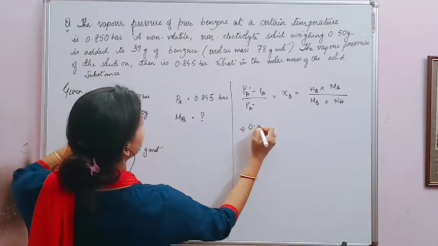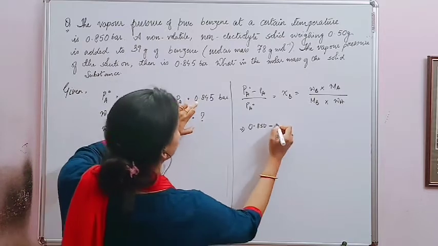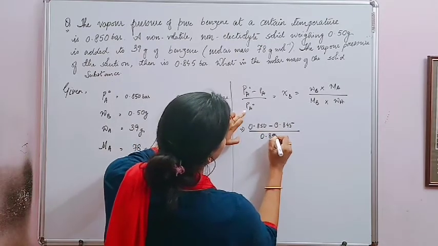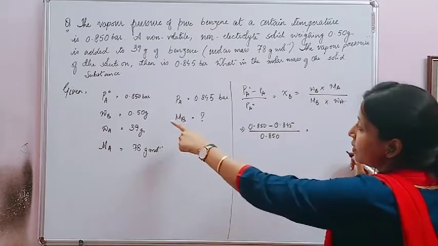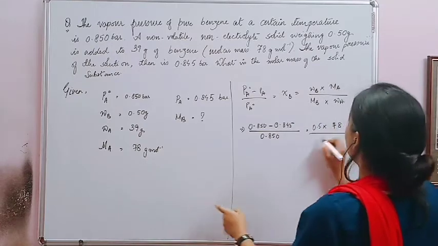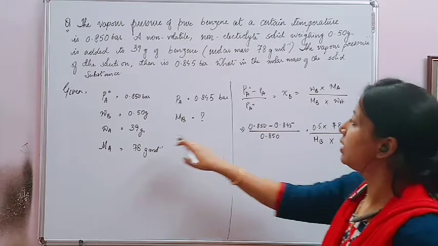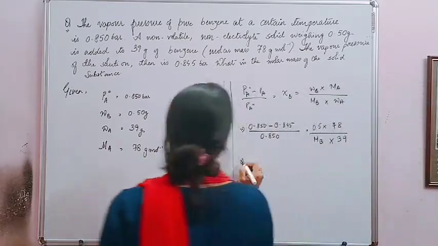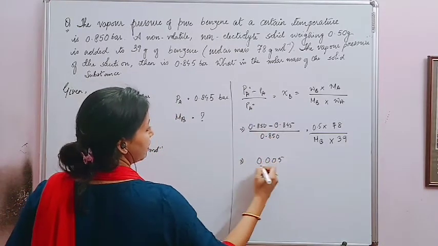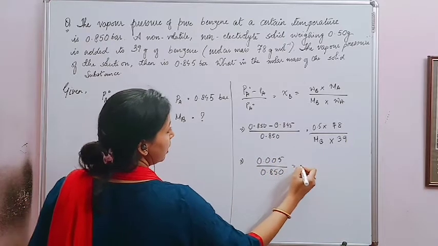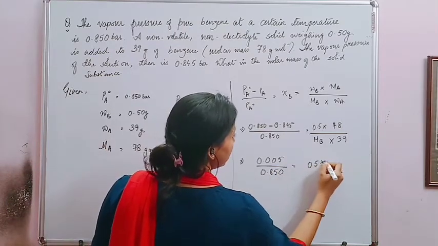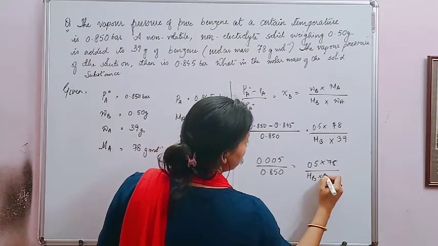This is 0.850 minus 0.845 divided by 0.850 equals Wb given as 0.5, Ma 78, Mb we don't know, and Wa given in the question is 39. If you solve this part, you are supposed to get 0.005 divided by 0.850 equals, let's leave it as such, 0.5 into 78 divided by Mb into 39.